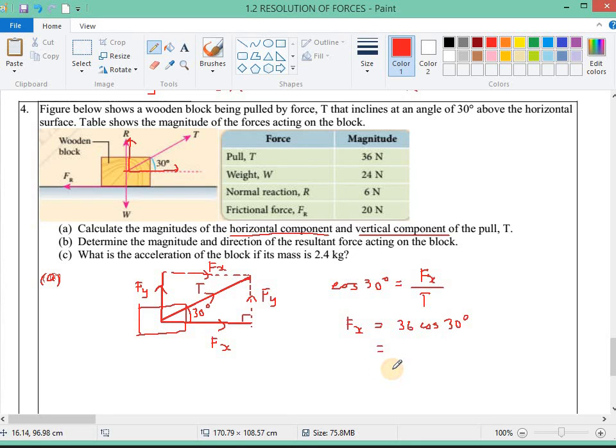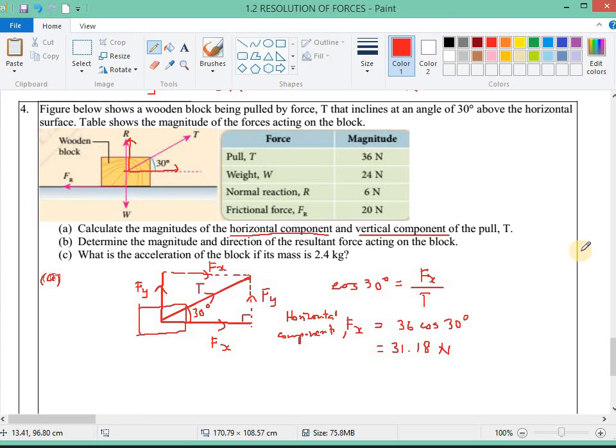So we get 31.18 Newton. This is the horizontal component. So we answer here: horizontal component Fx.